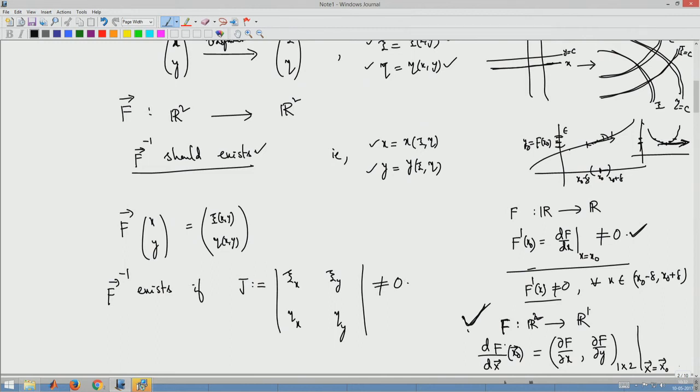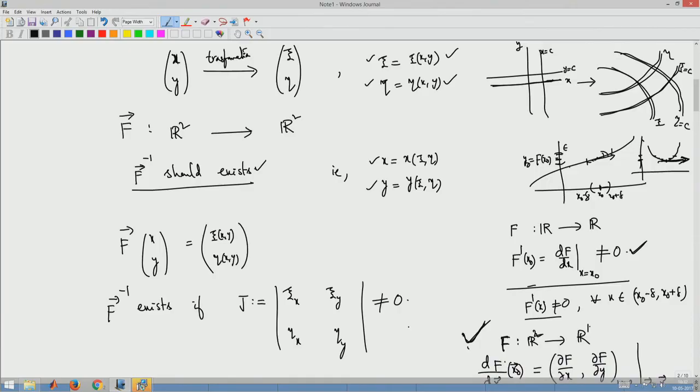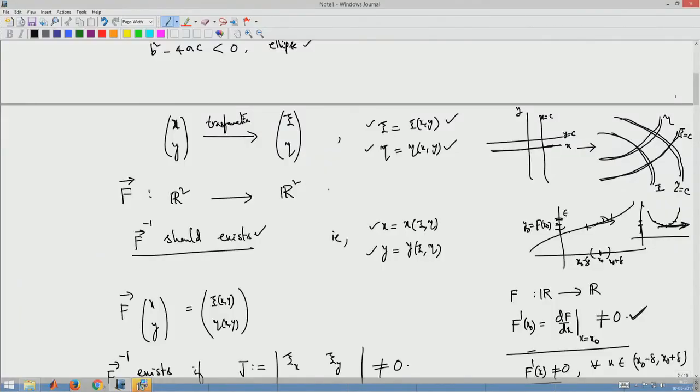If this Jacobian, that is the determinant of this matrix, is non-zero, then the inverse exists. So, you should always look for your xi and eta functions in such a way that this Jacobian is non-zero. Anytime, if I want, I can go back to the old variables x and y. You do not lose anything. So, there is a one to one correspondence between x y variables and xi and eta variables. This is what you should know before you transform this equation into the new variables xi and eta.